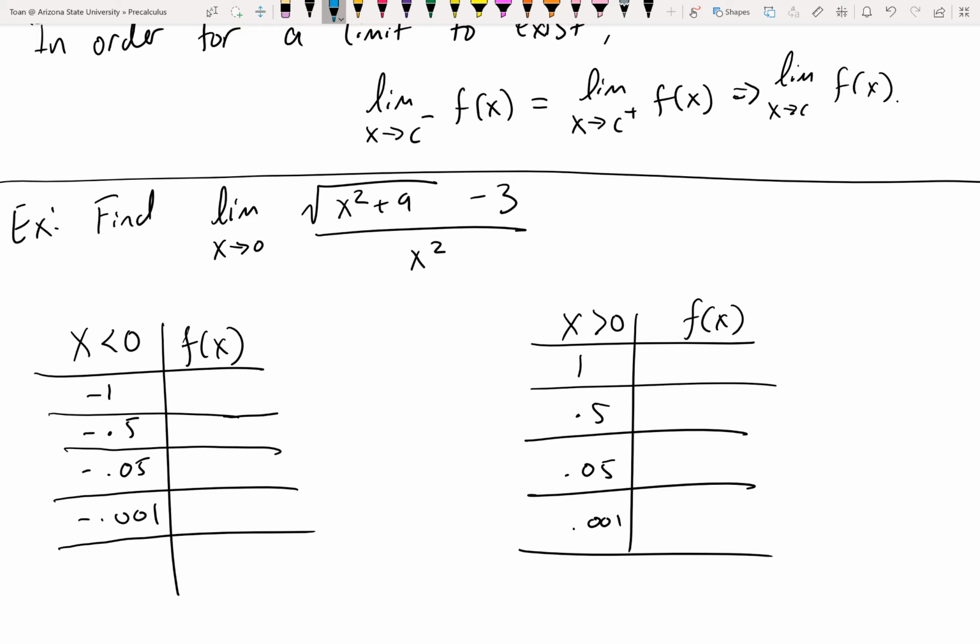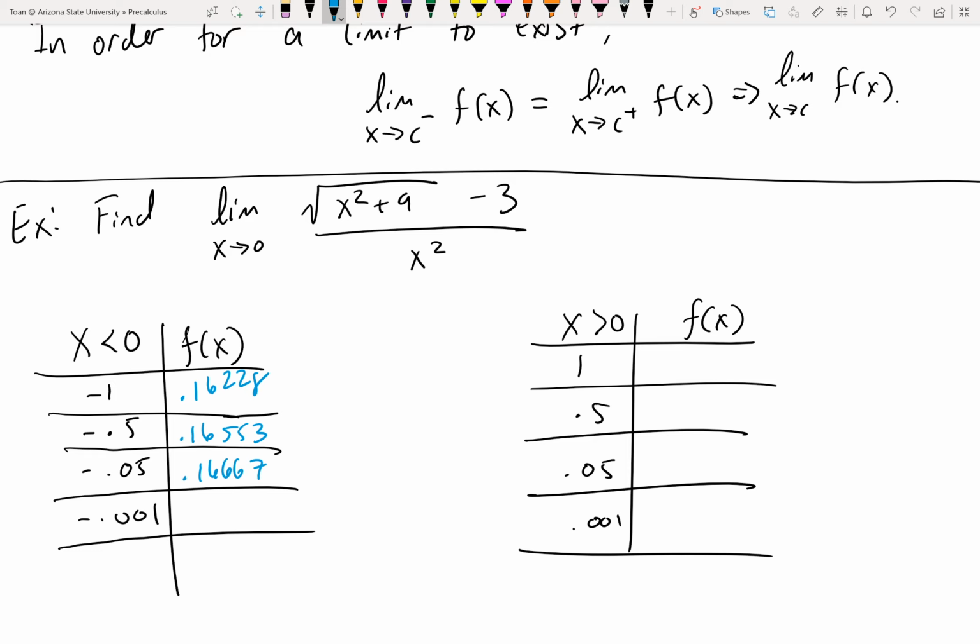So let's just do plug and chug. Let's go to the left table. If I plug in a -1, you should get 0.16228. Plug in a -0.5, you get 0.16553. Plug in a -0.05, that's 0.16667.